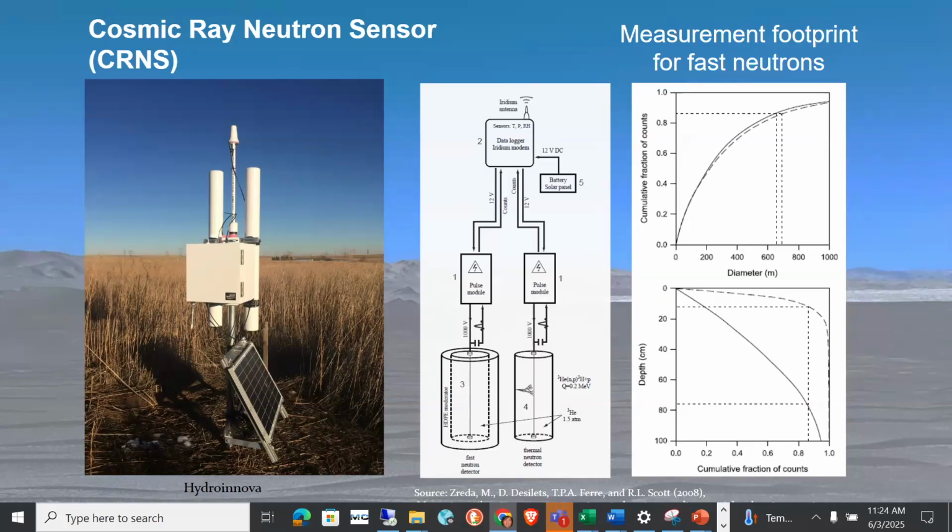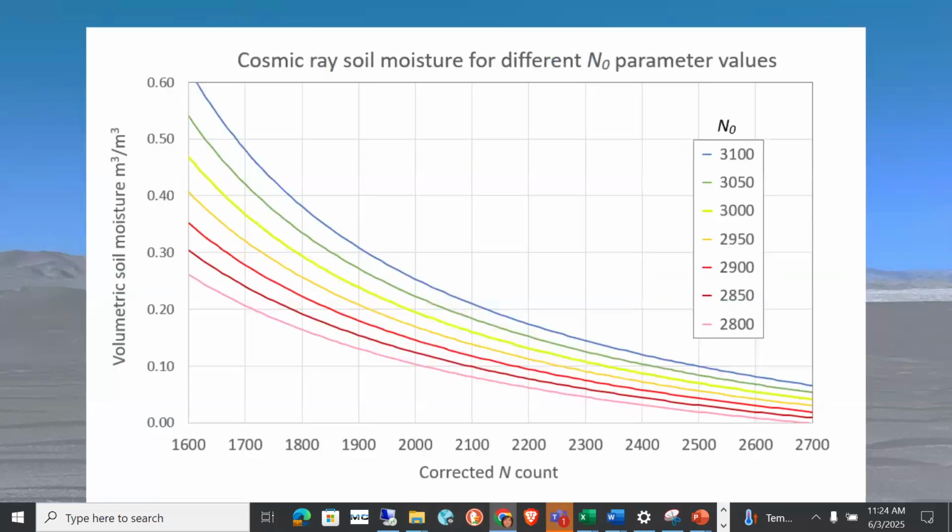That's a radius where previous authors determined that 86% of the signal came from there. The other point of this slide I wanted to make is it is well known that the wet, dry conditions affect the depth of penetration. So what we're measuring is changing with the moisture state. Actually, the footprint doesn't change too much.